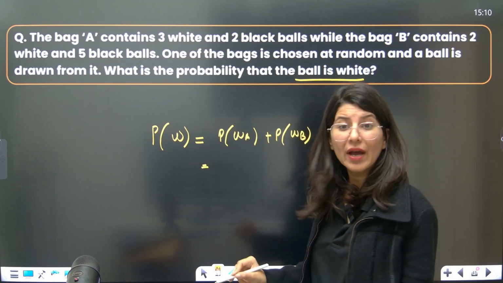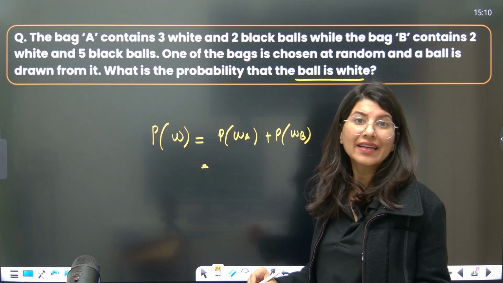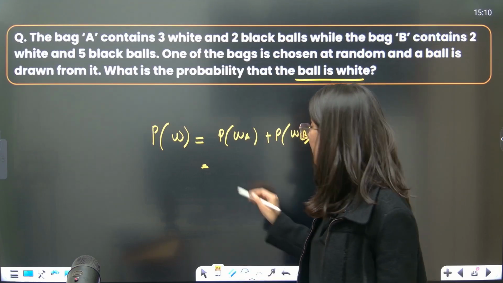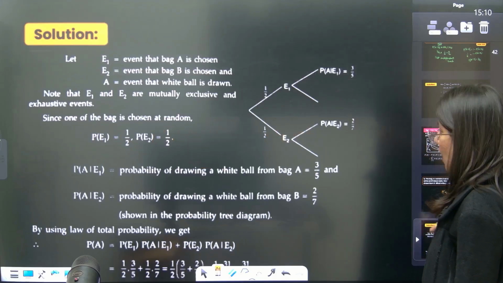So for that you have to select the bag first. Now just understand how you write it.